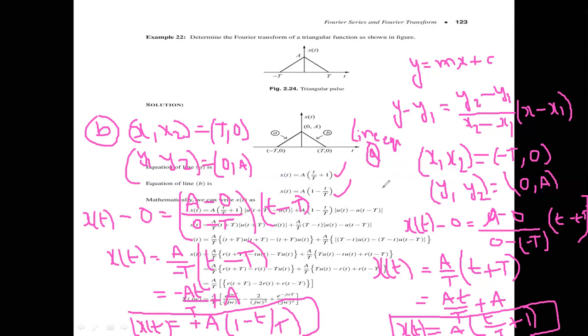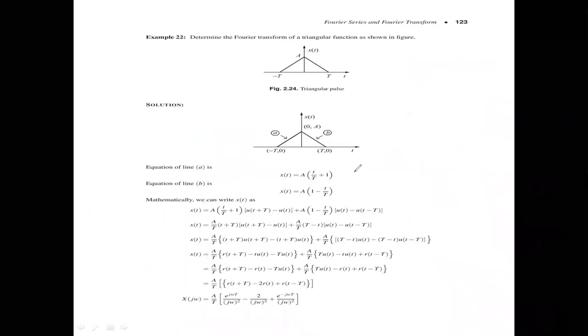Okay, my dear students, that is how we got a t by capital T plus 1 and a into 1 minus t by capital T. Now using these two equations, mathematically we can write x of t is equal to a into t by capital T plus 1 times mu of t plus capital T minus mu of t.